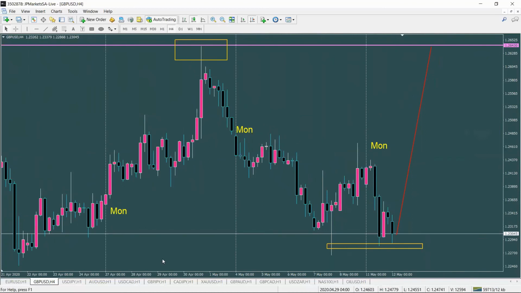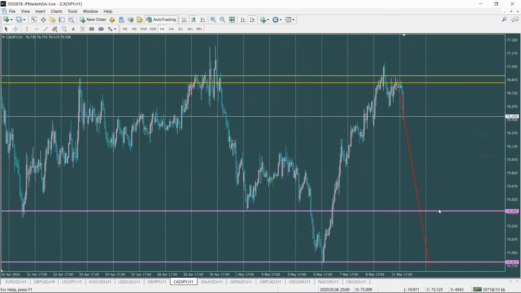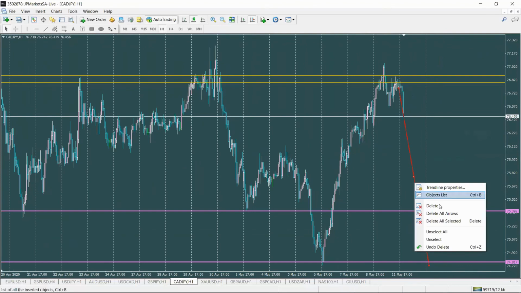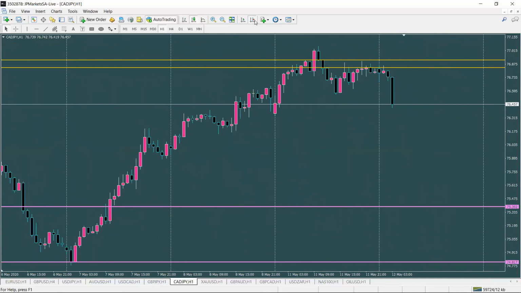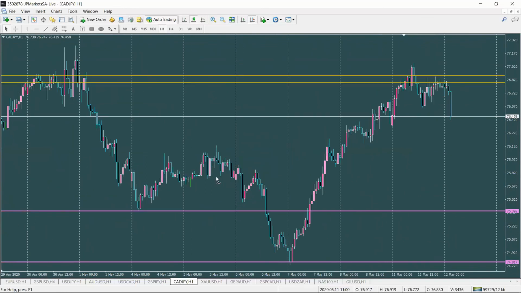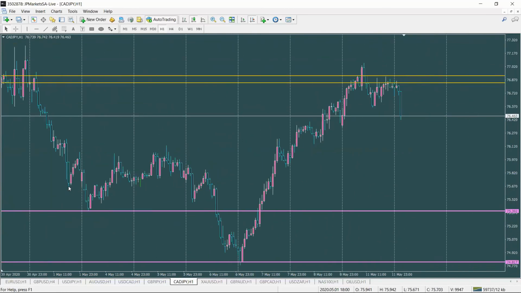Another pair that I'm supposed to be looking at is CAD JPY, which I've been looking at also.